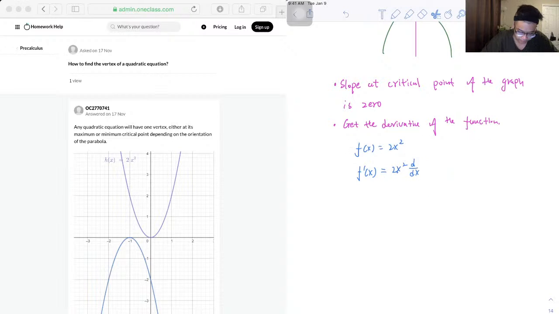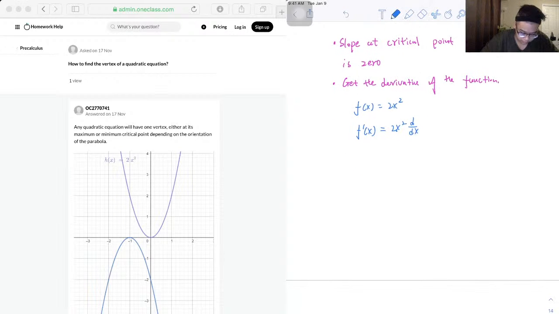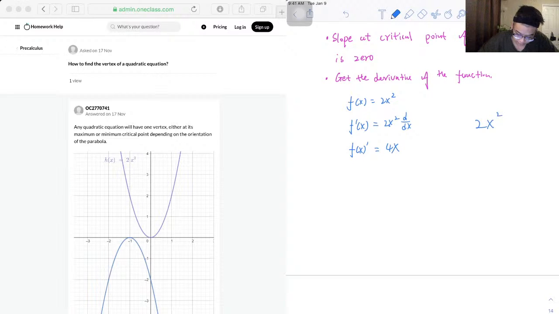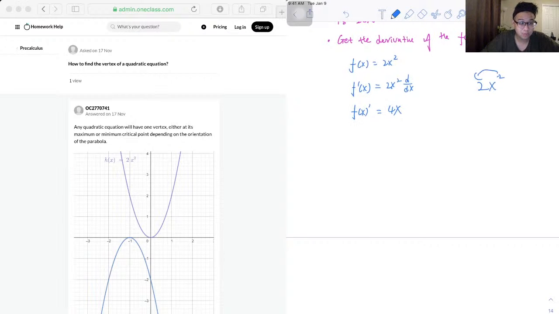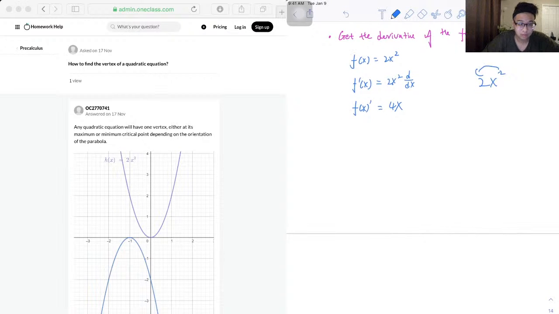So the derivative of f(x) is just going to be 4x, since we take the 2 to the front and minus 1 from the exponent. So 2 minus 1 is just going to be 1. And now we just need to solve for x where the slope is equal to 0, or where the derivative of f(x) is equal to 0.